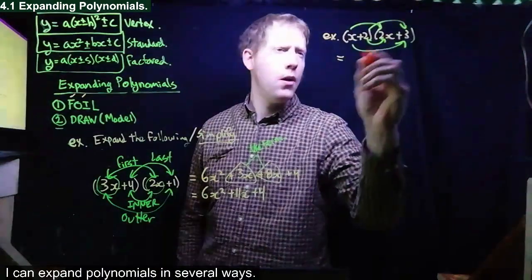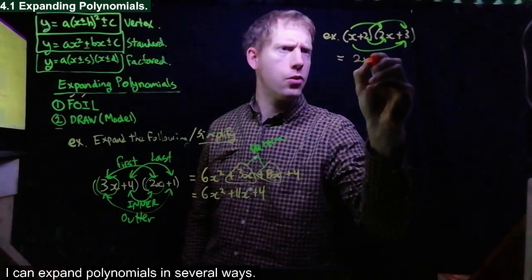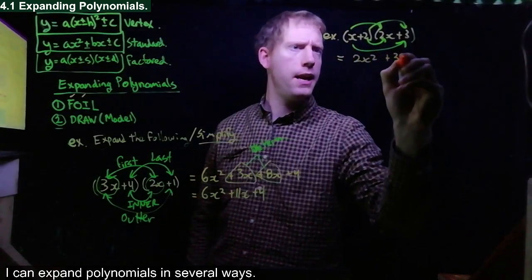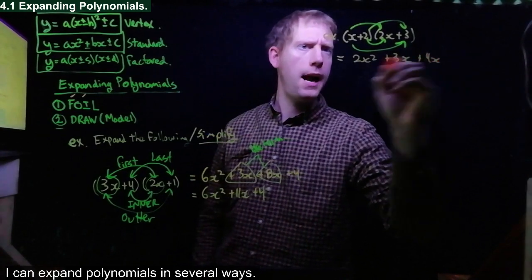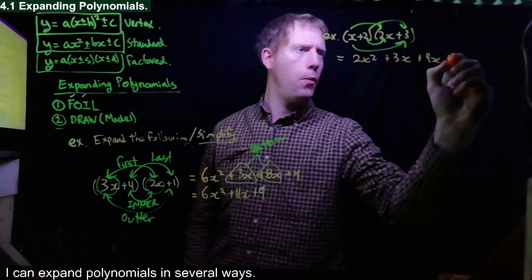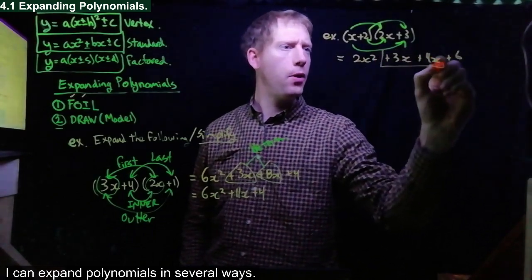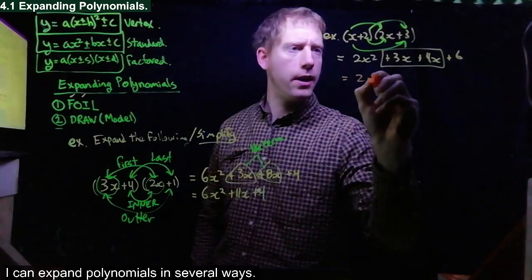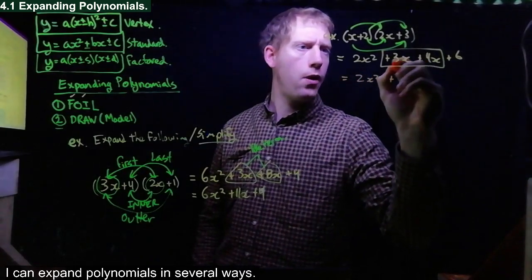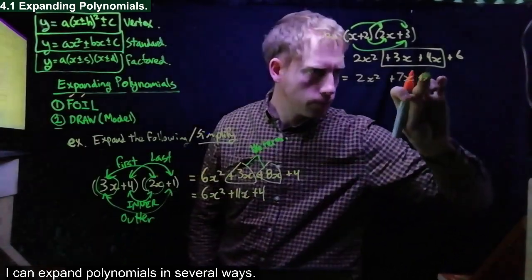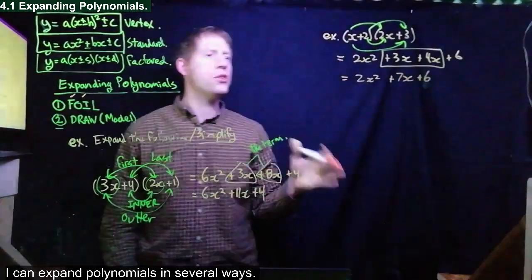We have 2x squared plus 3x plus 4x, to show it all out, we don't have to simplify it all in one go, plus 6. I like to put a box around my same terms that are similar. 2x squared plus 4, 5, 6, 7x plus 6. Boom. So that's using FOIL.